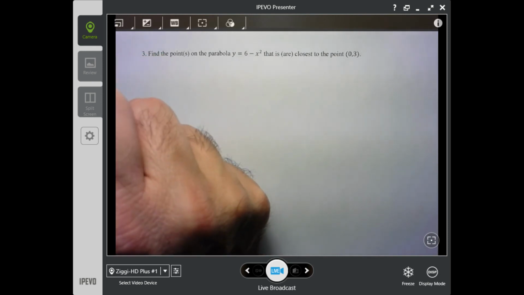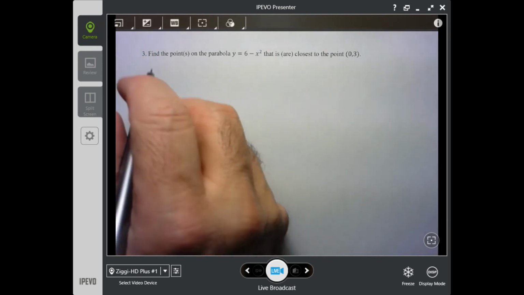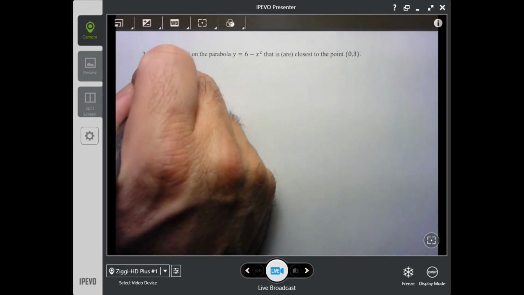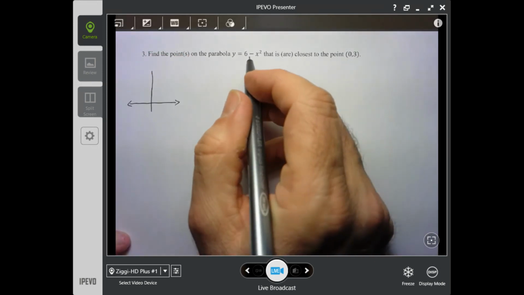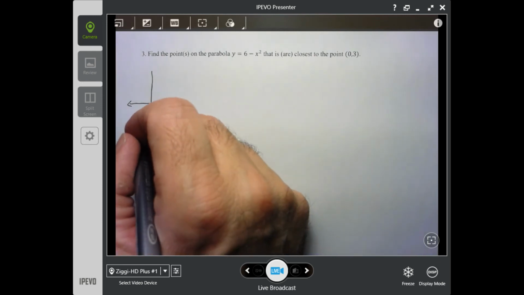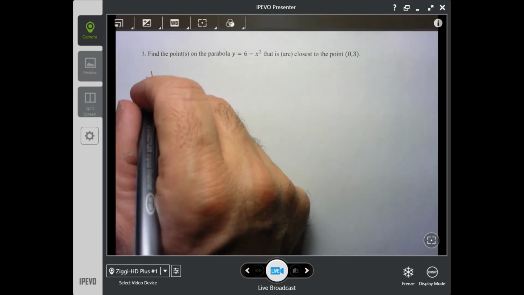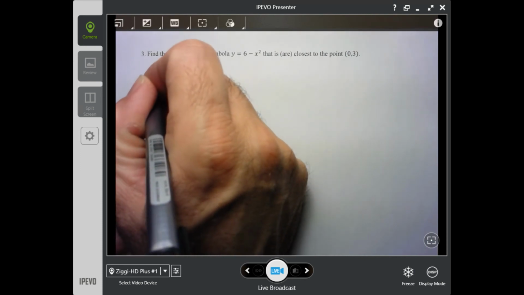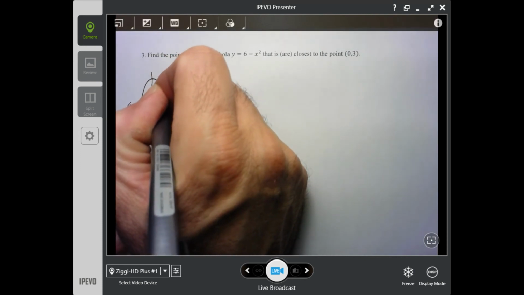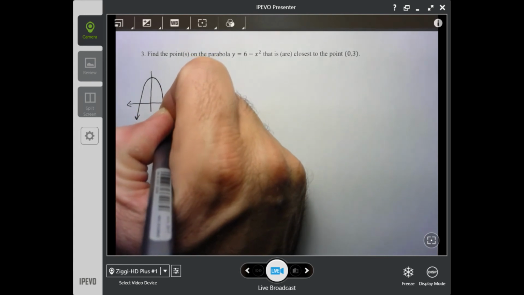So let's draw a picture to see if we can figure out what's going on here. Okay, so I'm going to start by drawing the parabola 6 minus x squared. So negative x squared will just look like that, and I'm bringing it up by 6 units. So it'll be a parabola that looks like this, and it is symmetrical about the y-axis.